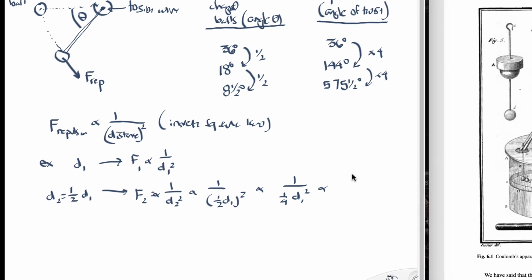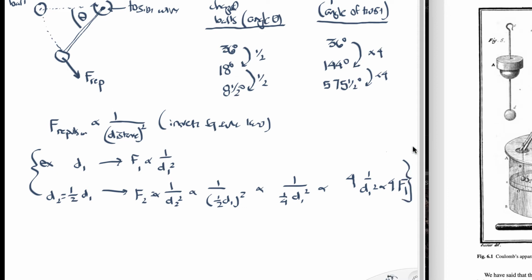So I'll take this 1/4 and move it to the numerator. So you get 4 times 1 over d1 squared, which is 4 times the original force. So if you halve the distance, you get 4 times the force that you originally had. So that's an example of how this law right here captures the data up there.